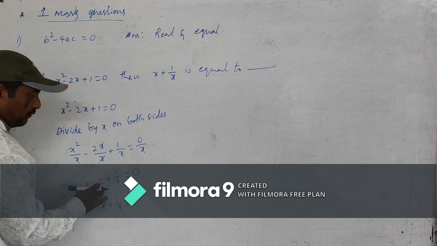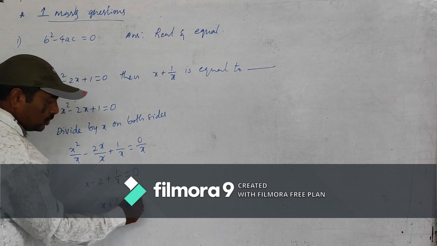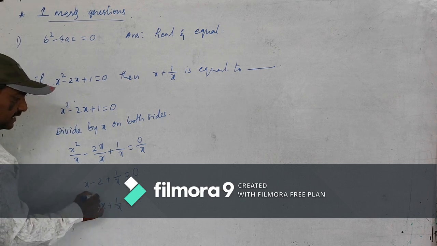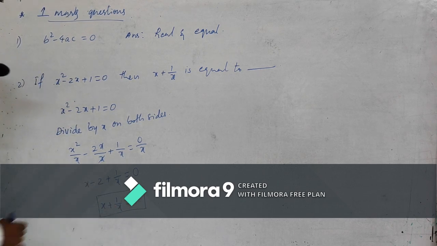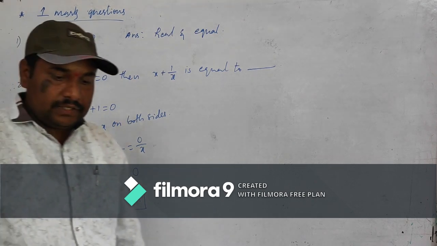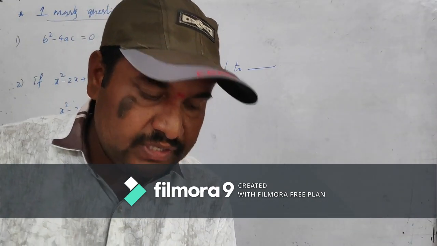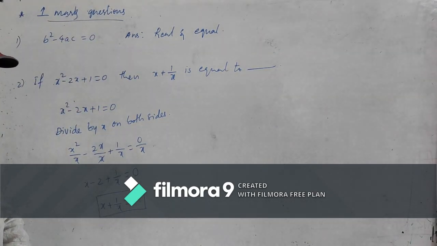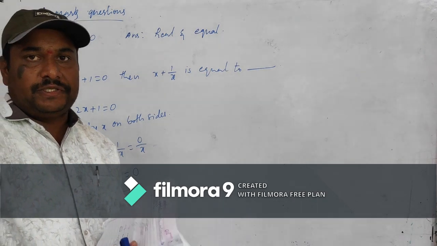When it goes to the right hand side, it becomes plus 2. So x plus 1 by x is equal to 2. Like this, we see different types of questions in the 1 mark questions. Now go for 2 mark questions.